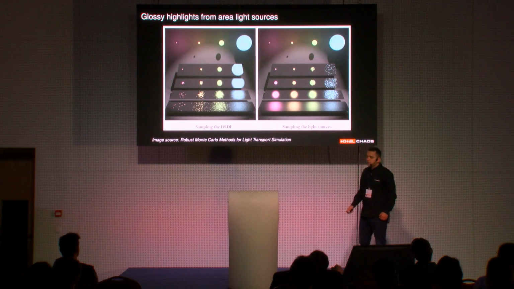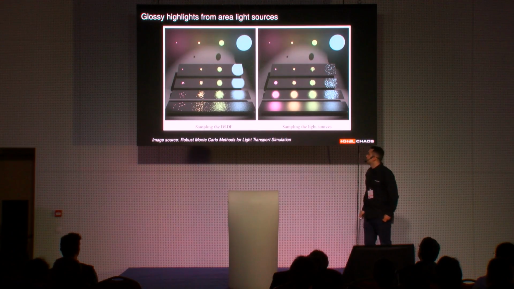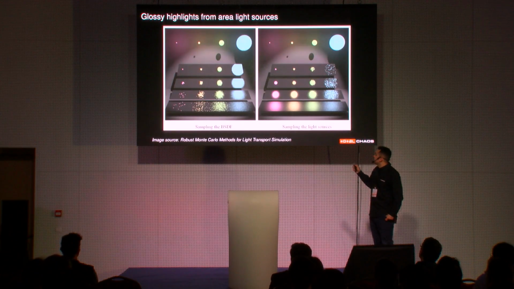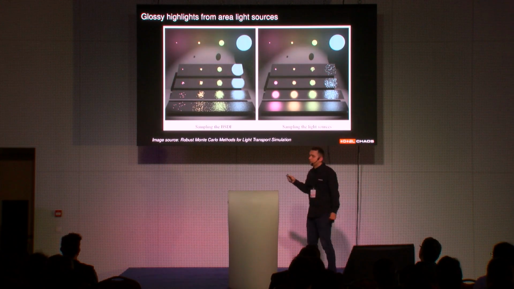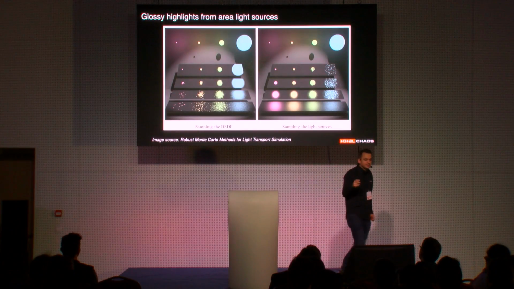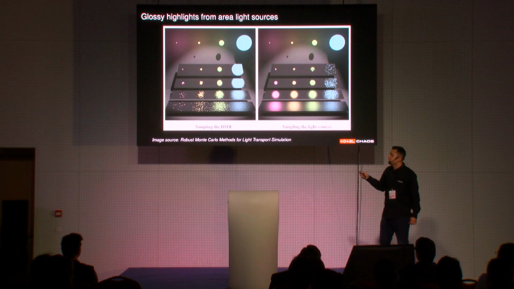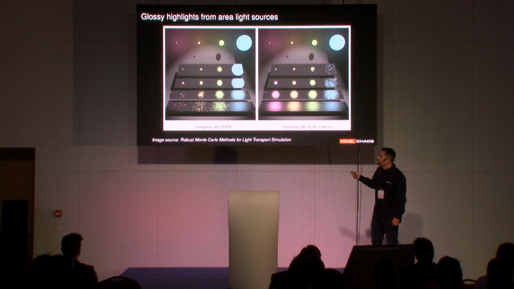So here is a classical example. This is from the PhD thesis of Eric Veach. This is a very interesting example. We have 4 lights shining on 4 different types of surfaces. All the 4 lights have different sizes, but they emit exactly the same amount of radiation.